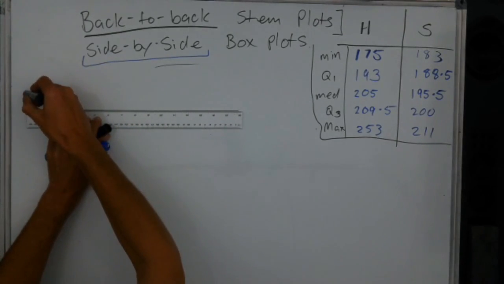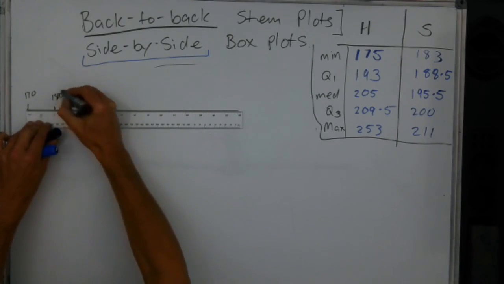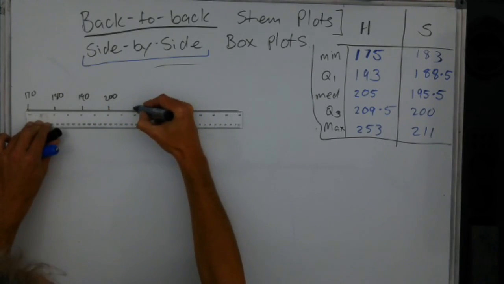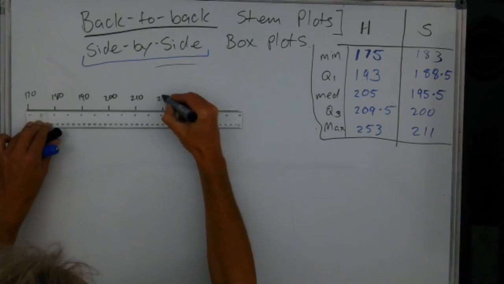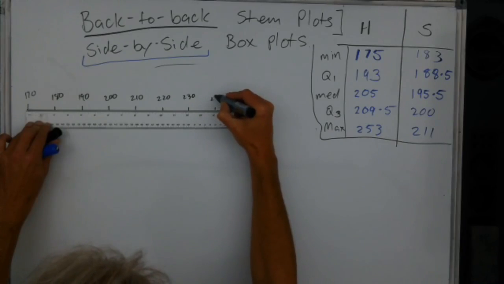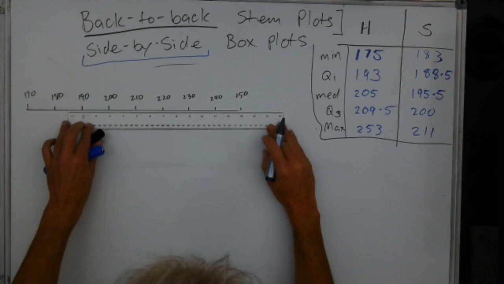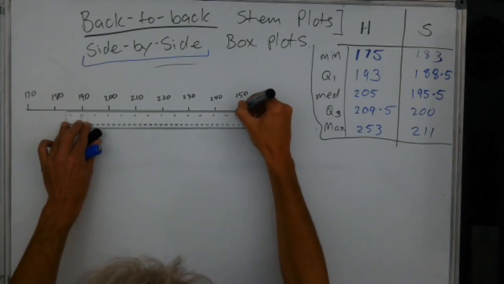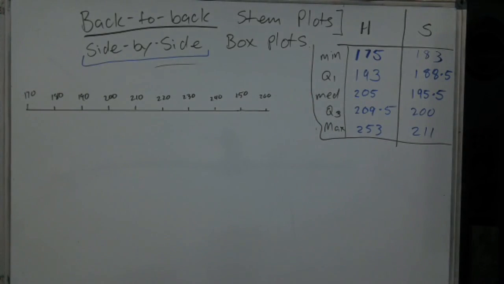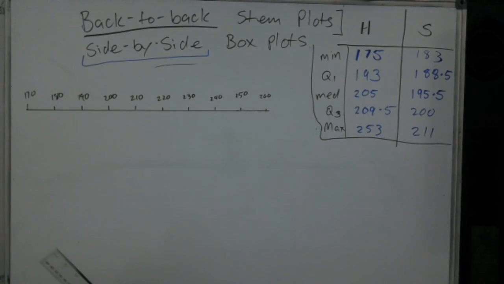Let's call that 170. 180, 190, 200, 210, 220, 230, 240, 250, 260. So that should fit all of our data in between that scale.